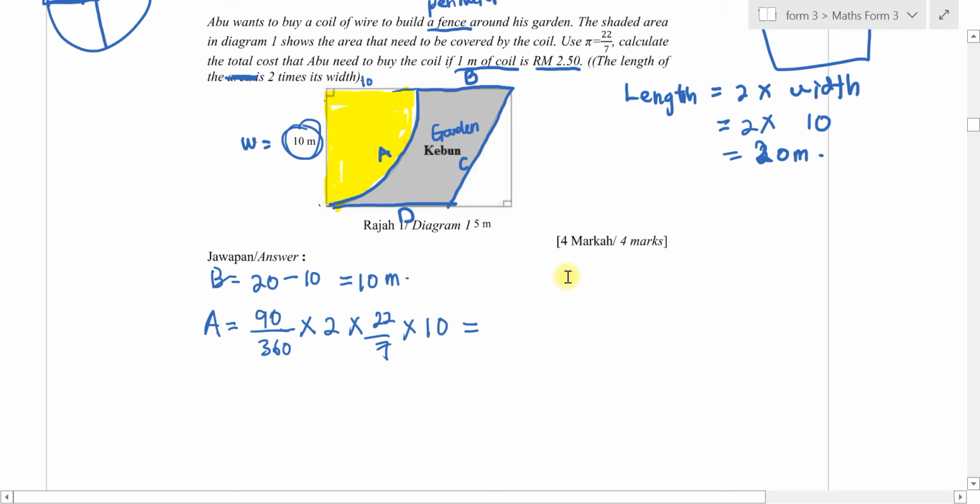Let's calculate. I have my calculator ready. This one is 110 over 7. I get this. Let me check again.